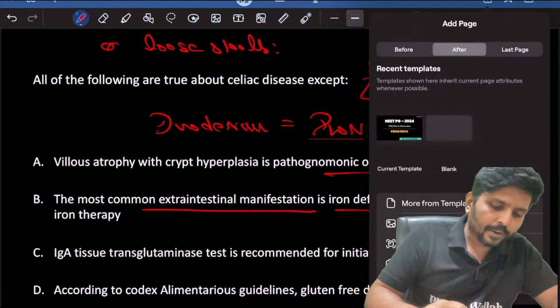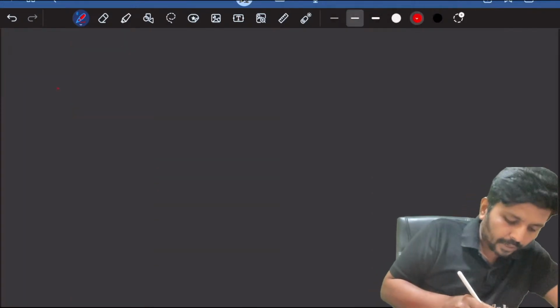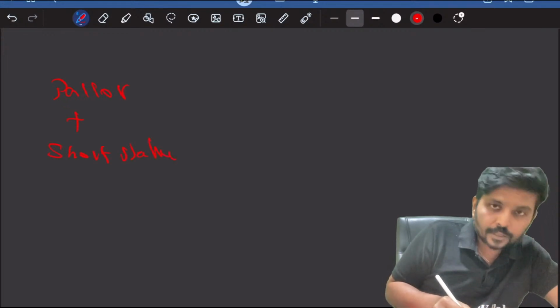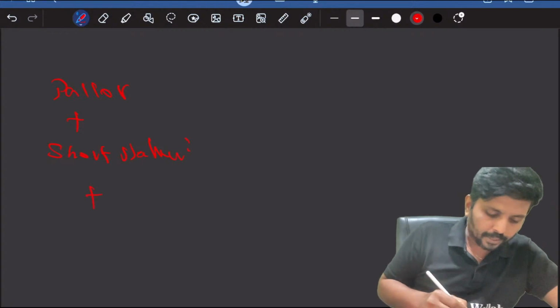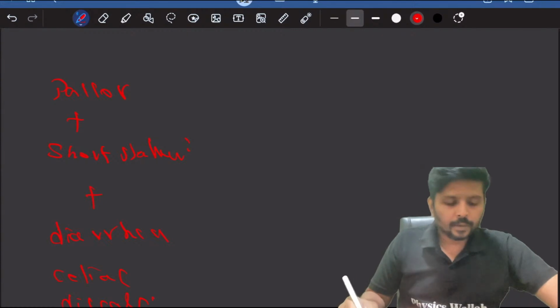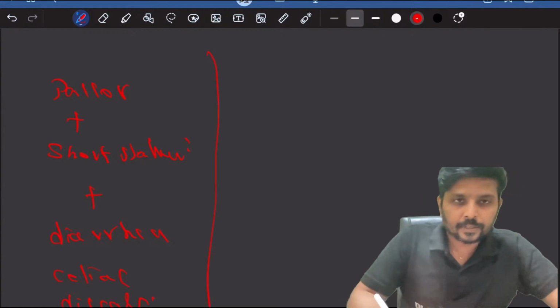So when will you diagnose celiac disease? Whenever you have a combination of pallor plus short stature plus diarrhea, the diagnosis is celiac disease.